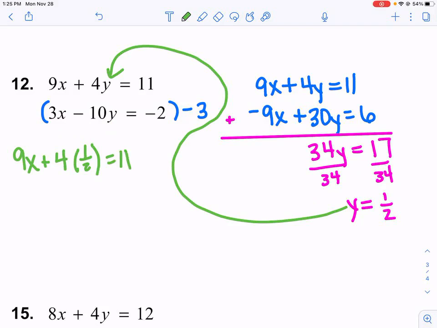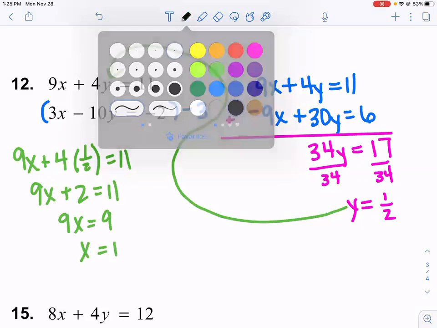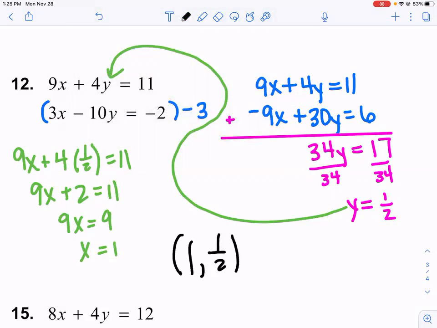Okay, so if I punch it into this first one, we have 4 times 1/2. What is that? 2. So 9x plus 2 equals 11. I think it's 1.